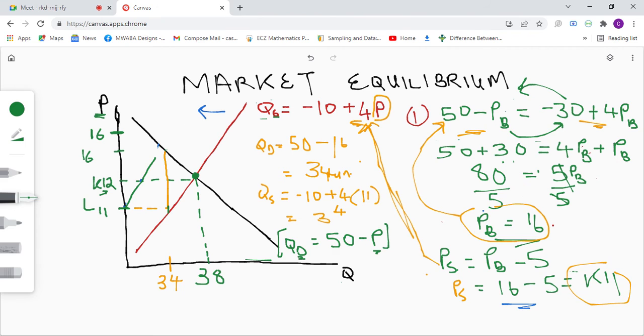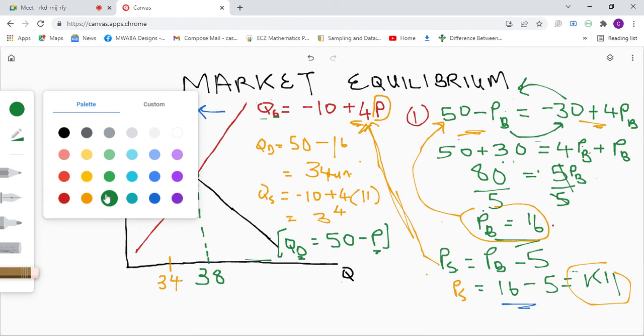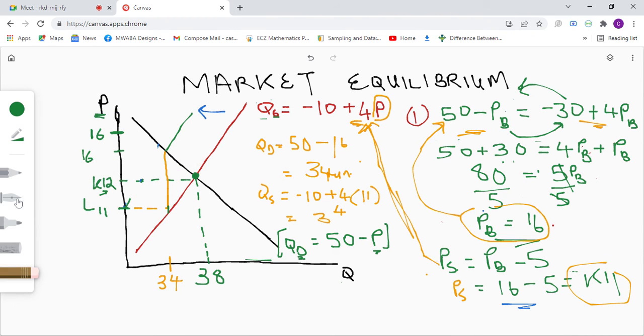Oops, it has to intersect here. Right, this is the new supply curve, S2, all right?